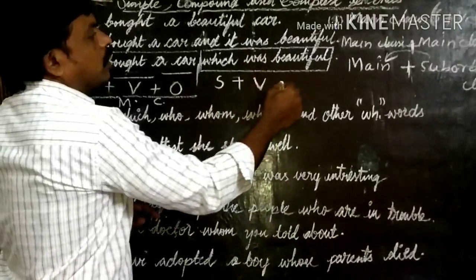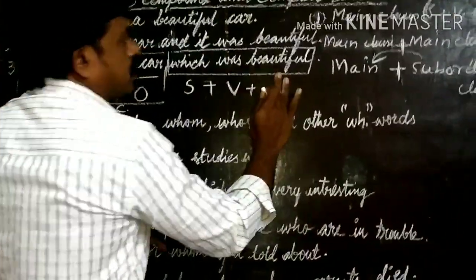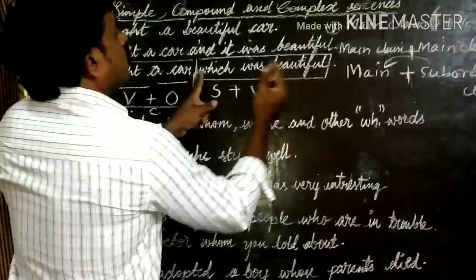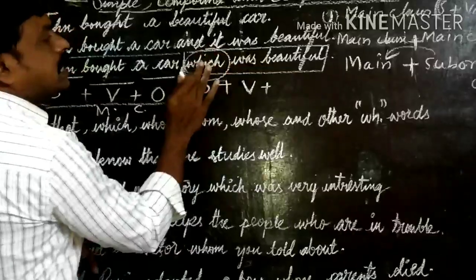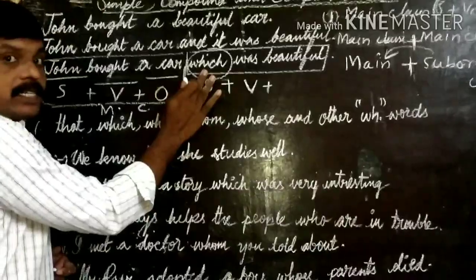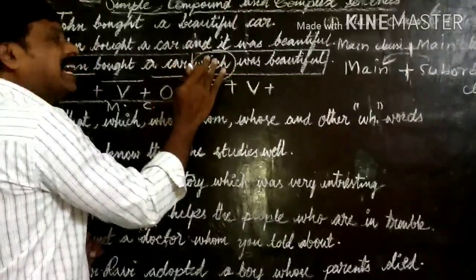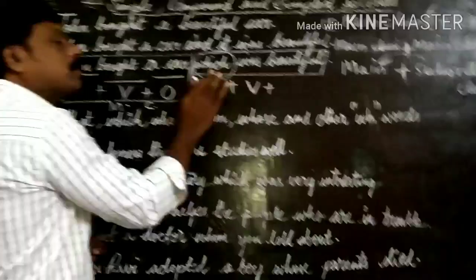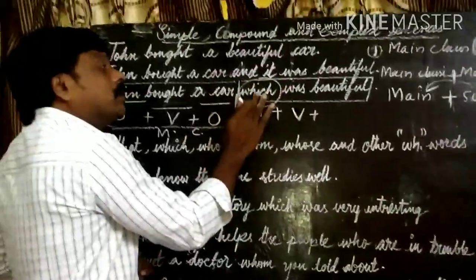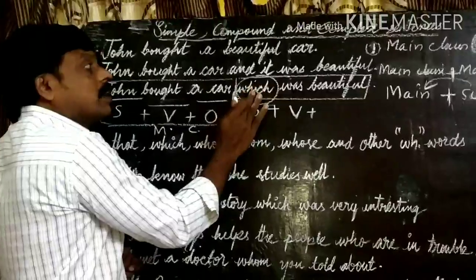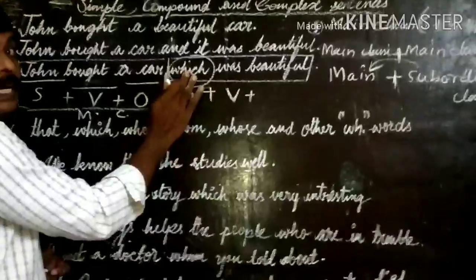This is a verb. Of course, this is a complement, right? Which was beautiful. Which here is a subordinate conjunction, otherwise called a relative conjunction, and as a subordinate conjunction, it is otherwise called a relative pronoun.